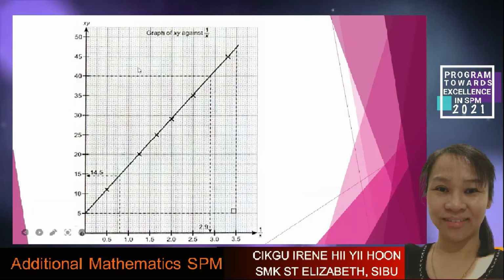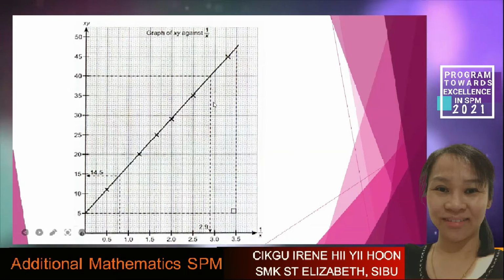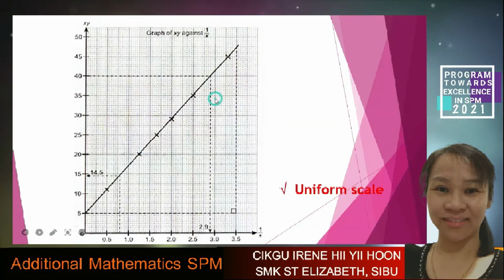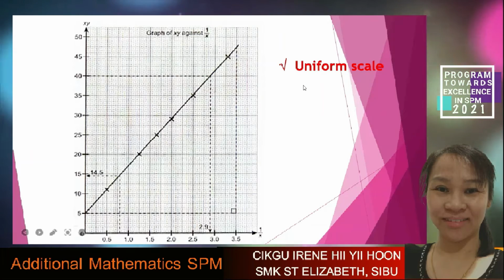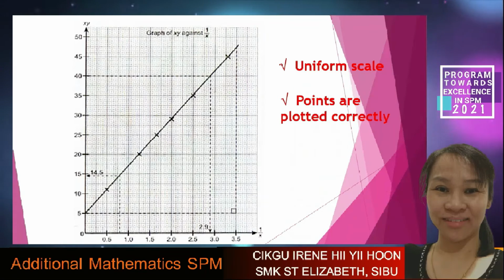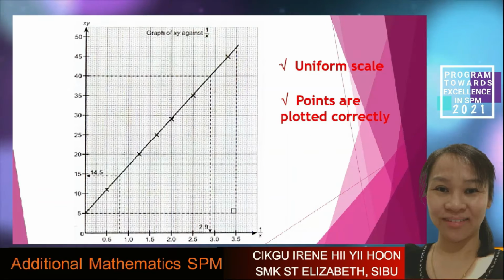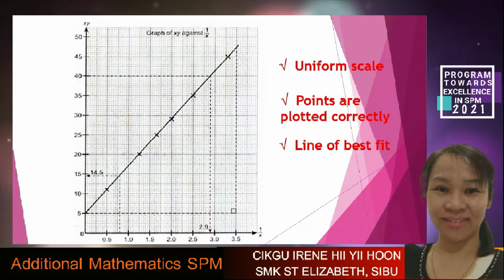The graph plotted is like this. All the aspects of the line of best fit must be followed. Here, make sure the uniform scale is used, the points are plotted correctly, and a line of best fit is drawn.